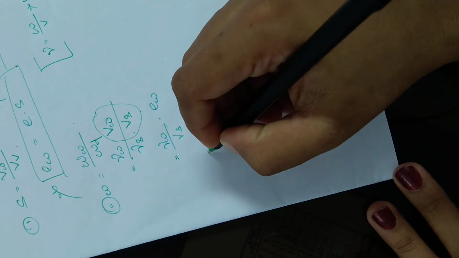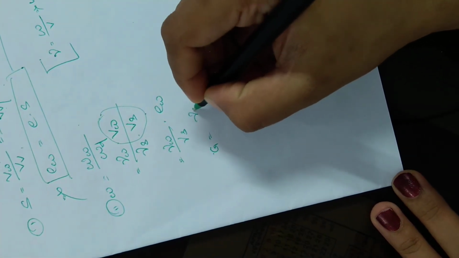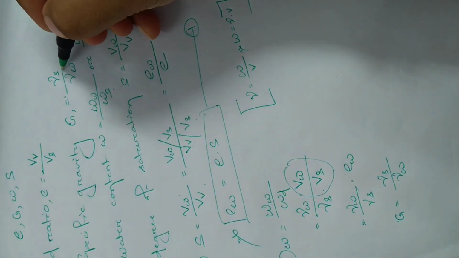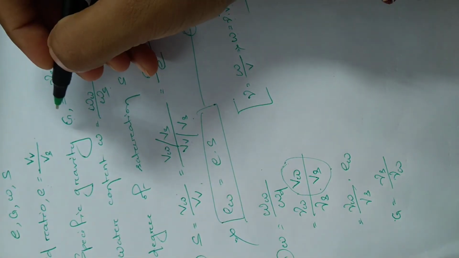G is specific gravity. Specific gravity is gamma S by gamma W. It has also been written above. Gamma S by gamma W is the formula of G, specific gravity.